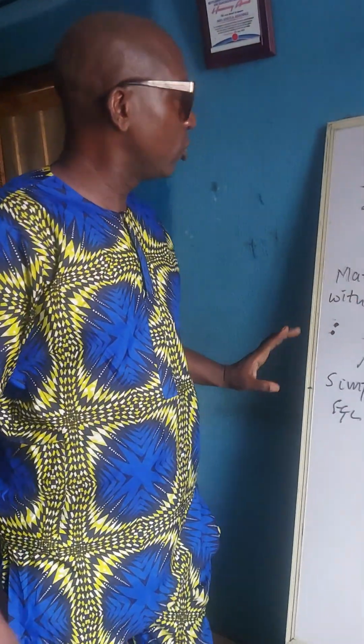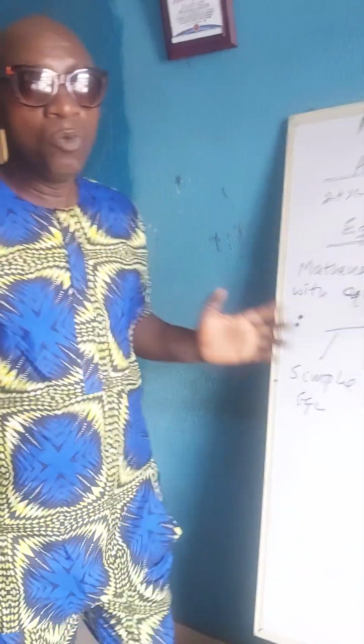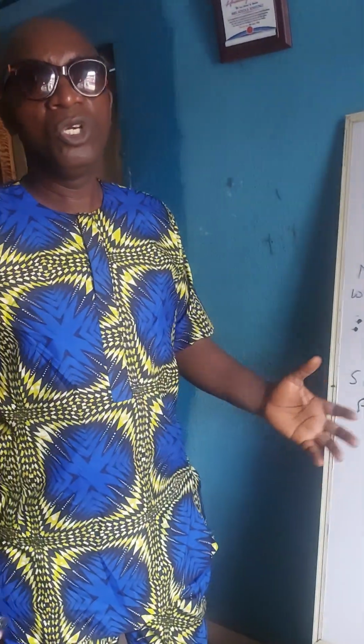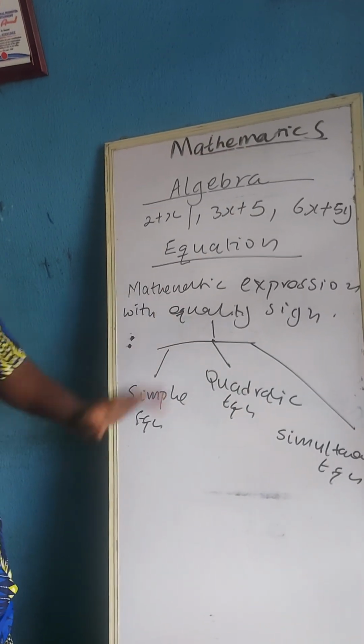Before you can know equation, you must know algebra. You must know factorization, how to collect like terms, how to add, subtract, multiply, and divide under algebra, how you can interrelate them together. Once you know that, that means you will know equation.